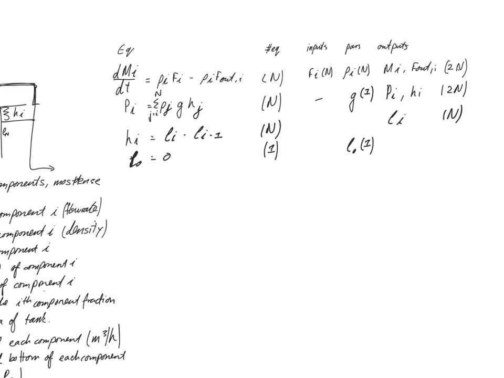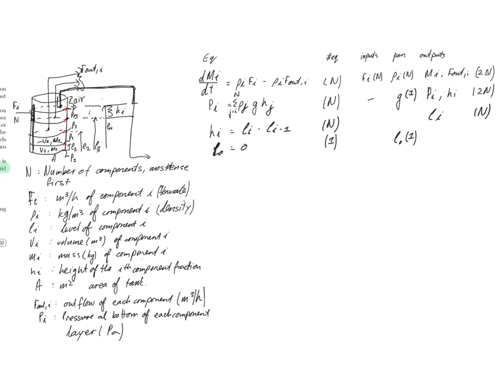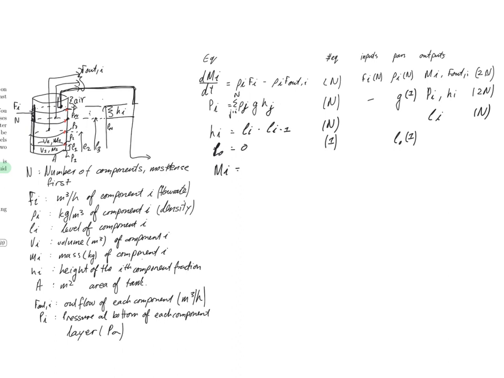So let's continue. The next couple of equations I want is the geometry. We also probably want to relate the volumes to the masses. So Mi is equal to Vi times rho i. There'll be n of those. Again, all outputs. We've counted m before, we've not counted V before, so Vi. There'll be n of them.